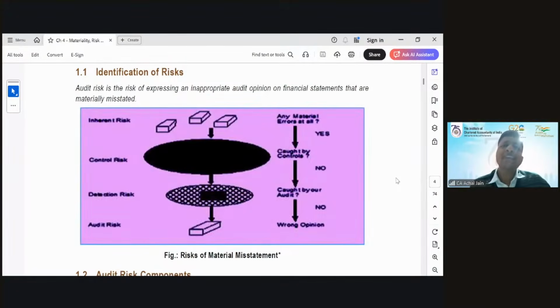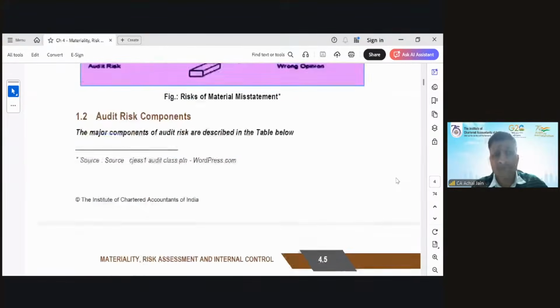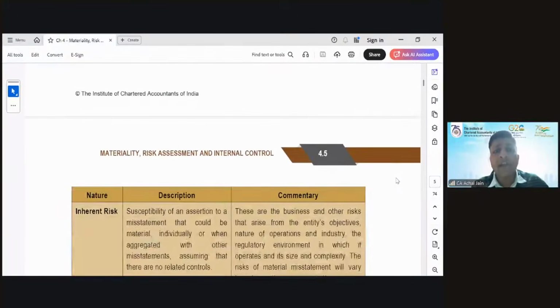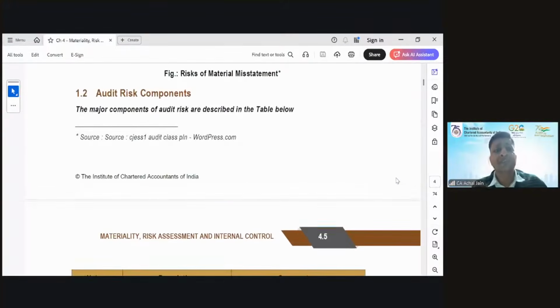Because as an auditor, what would he want? He would want that whatever he has done is the best to his capabilities. And this is also in line with what is required by the auditing standards or maybe any of the regulatory requirements. Correct. Now, for doing this, the auditor needs to have clarity on some of the risks which exist in relation to the audit of the financial statement.